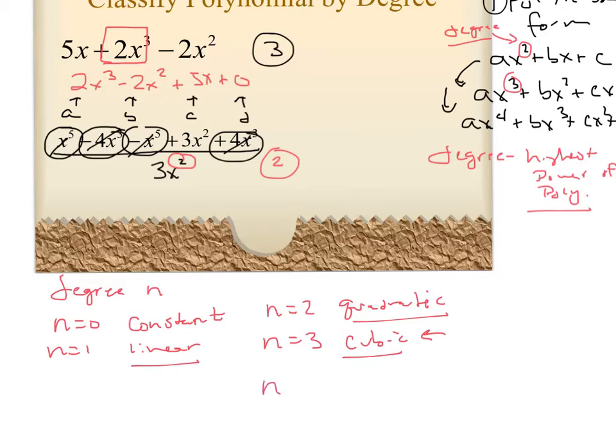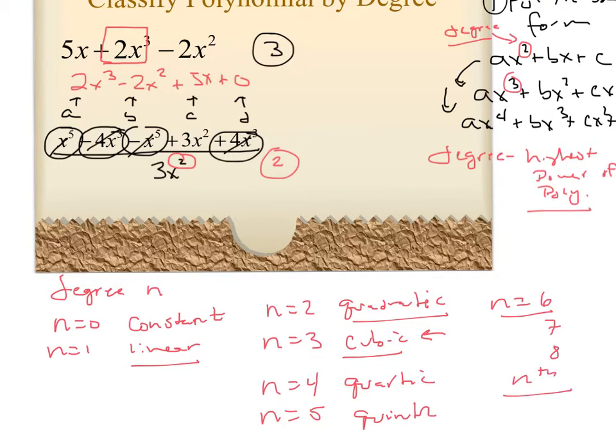And as we increase, n is equal to 4, it's quartic. I'm okay with you using fourth degree. When n is equal to 5, it's quintic. And generally speaking, when we get further, 6, 7, 8, we would just use 6th degree, 7th degree, 8th degree. So we just start using the nth degree. The ones that you need to make sure that you're using the appropriate vocab is these three right here. Okay? And so that's how we would classify the degree of the polynomial.